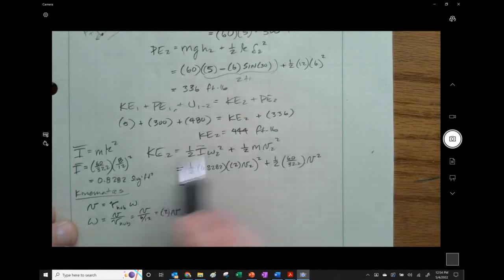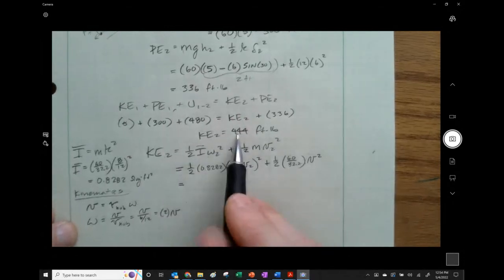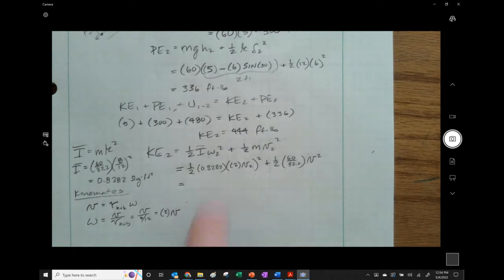Okay, so this right here equals, well, I'm saying it equals the 444, but I'm going to question myself here in a second, but let's just keep going with it. So all of this together, 0.8282 divided by 2, multiplied by 4, and then 60 divided by 32.2 divided by 2, and add them together.